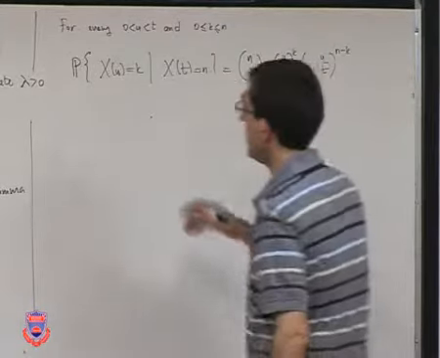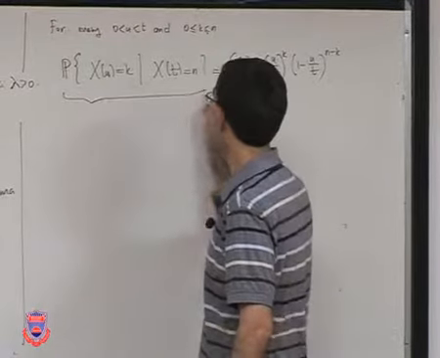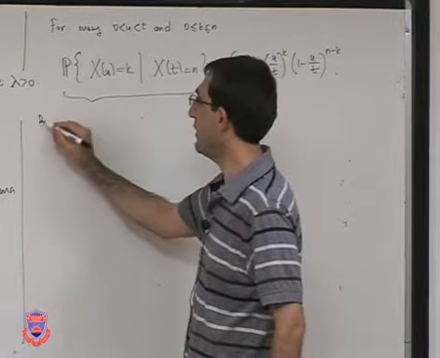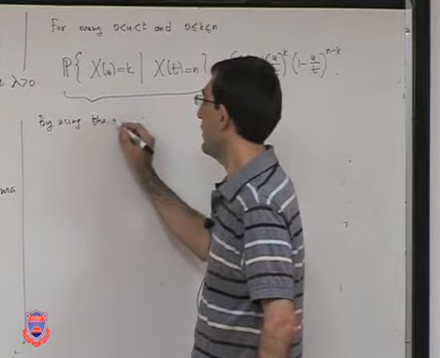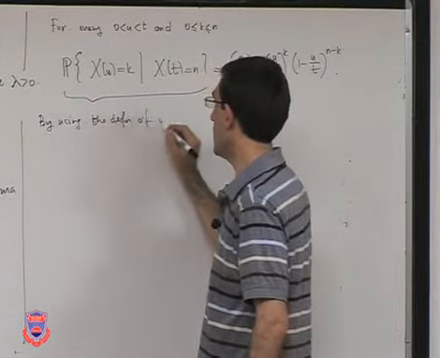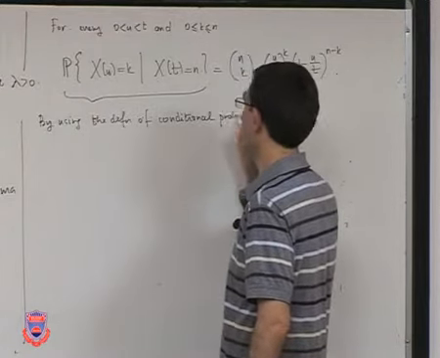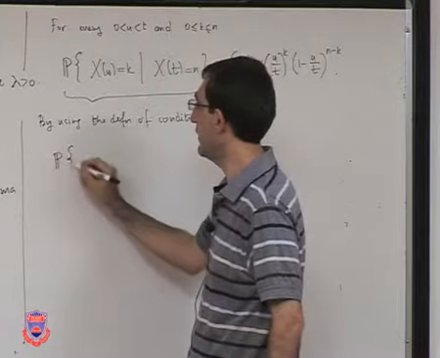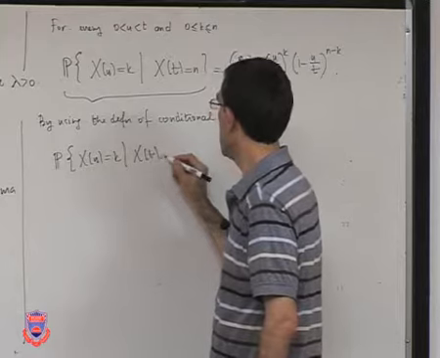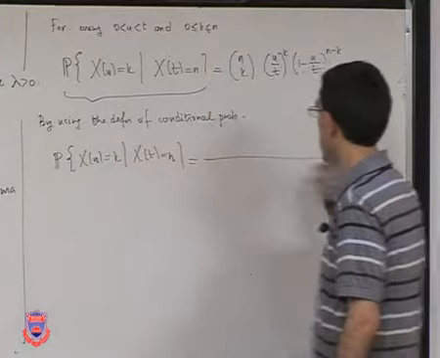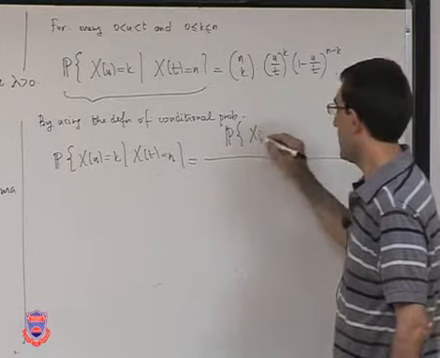Okay, we can quickly derive this more general statement. We look at this and by using the definition of conditional probability, we can write the left-hand side as the quotient of two probabilities.